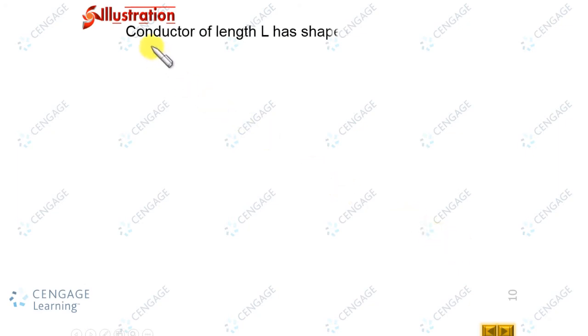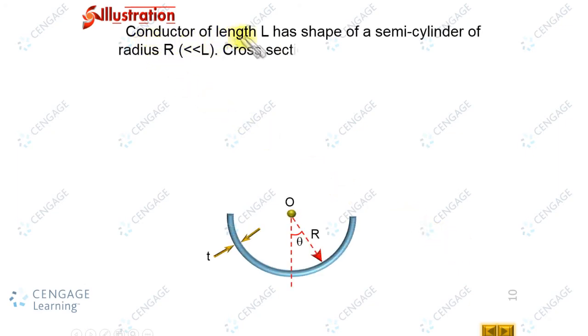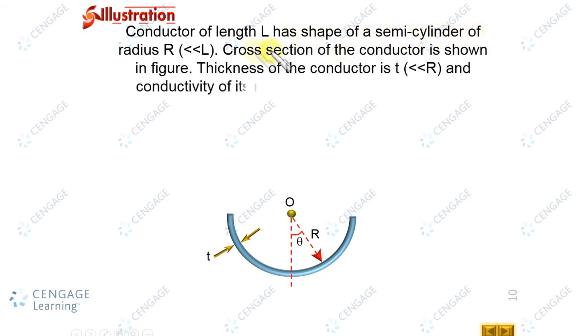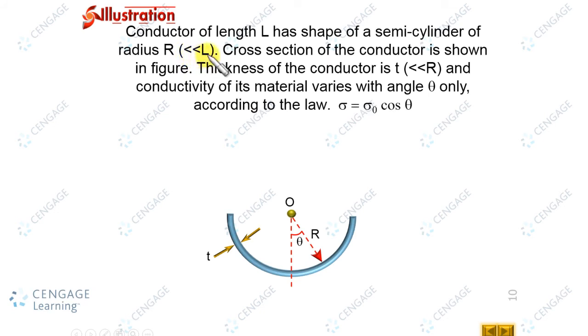In this illustration, we are given conductor of length capital L has shape of the semi-cylinder of radius capital R. Capital R is much smaller than capital L. You know the cross section of the semi-cylinder should be semicircular, and the radius of the semicircular section is given as capital R, and capital R, that is the radius, is much smaller than length of the conductor.